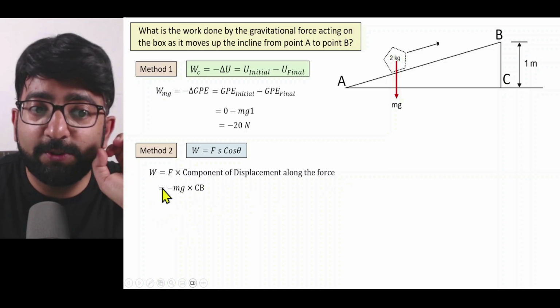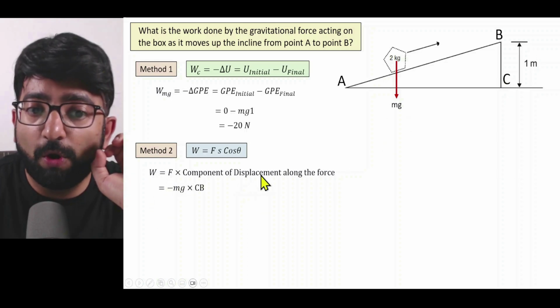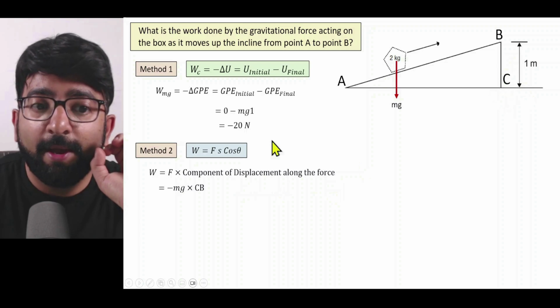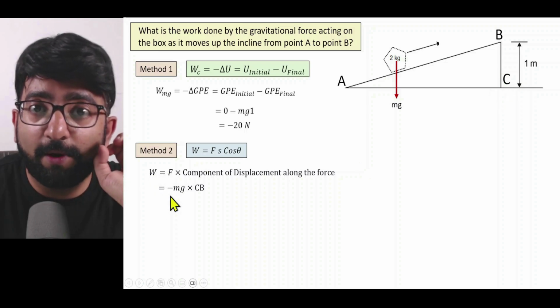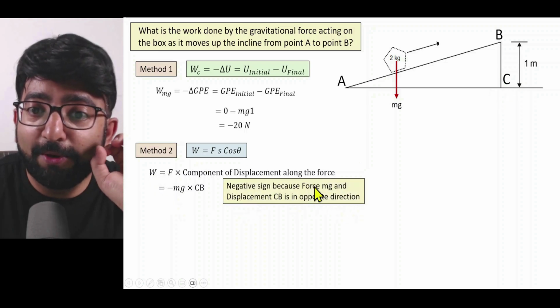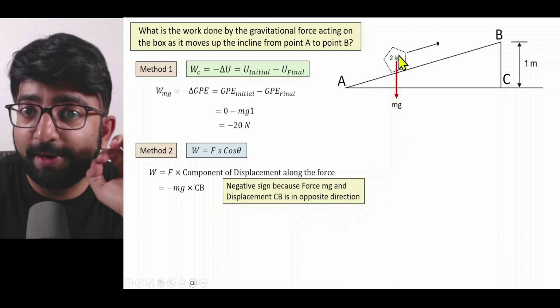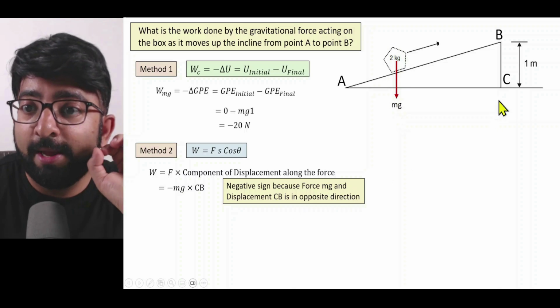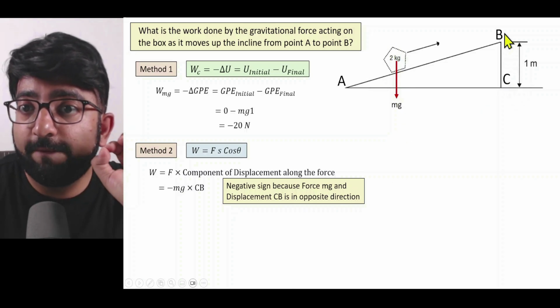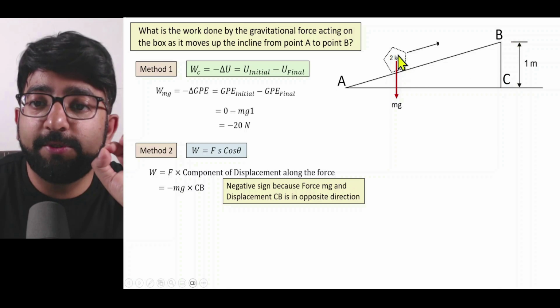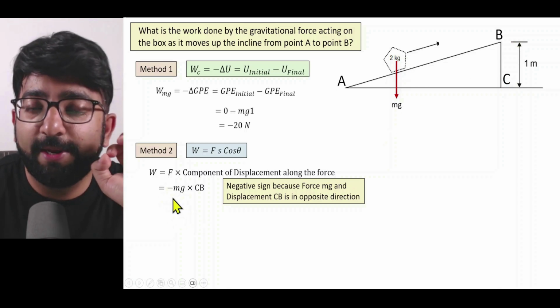And then we can write this expression as force is mg and the component of displacement is CB. And why we have put a negative sign in front of this formula is because the force mg and the displacement are in opposite directions. So if you analyze this image, mg is downwards, the object is going from C to B along the y-axis, so CB is up, mg is down, and that is why we have put a negative sign.